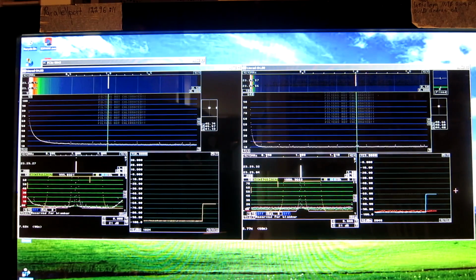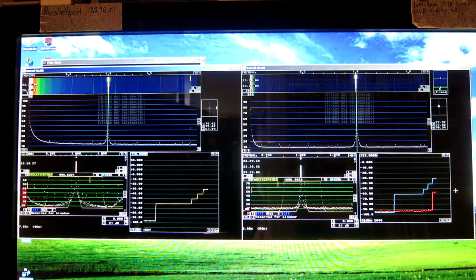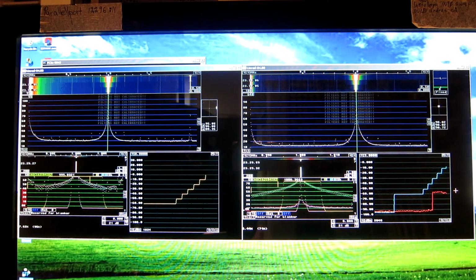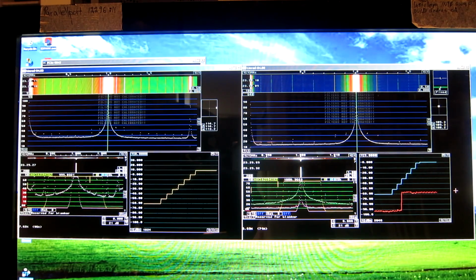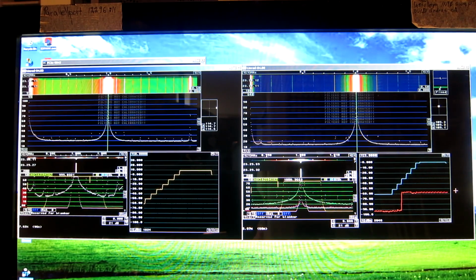and increase the signal level in steps by 10 decibels. Oops, here the bladeRF saturates.